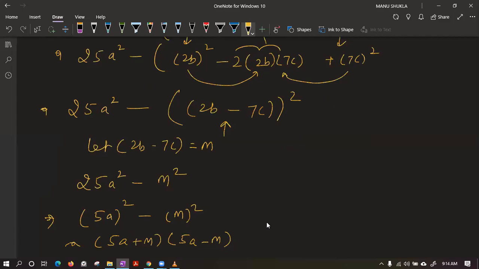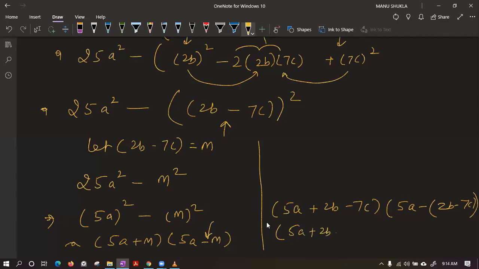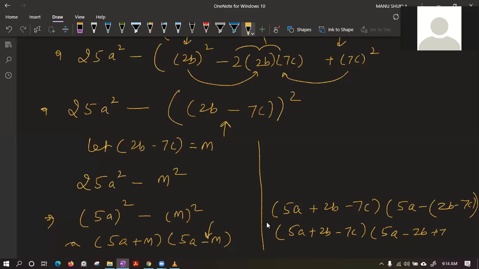Again we will resubstitute and the answer is 5a plus 2b minus 7c. Here we have to be careful because we have a negative sign and negative is like fire, so be careful. Final answer is 5a minus 2b plus 7c.